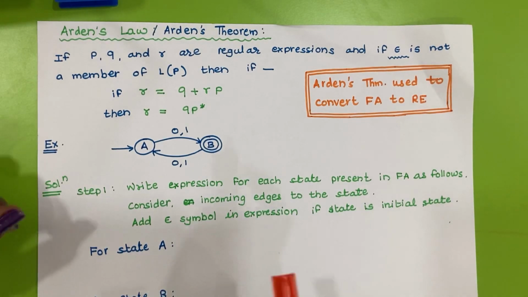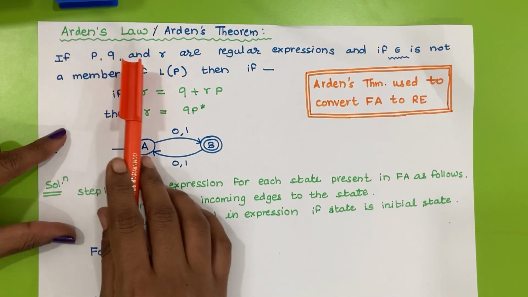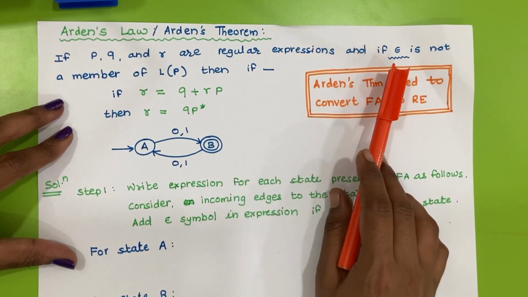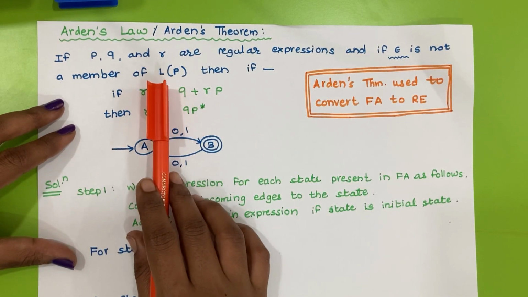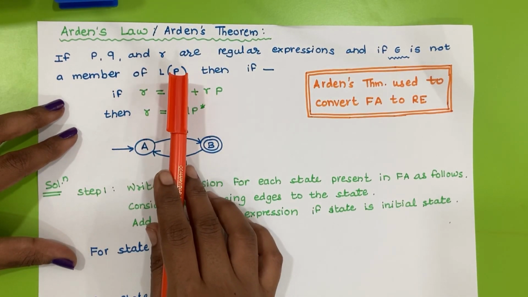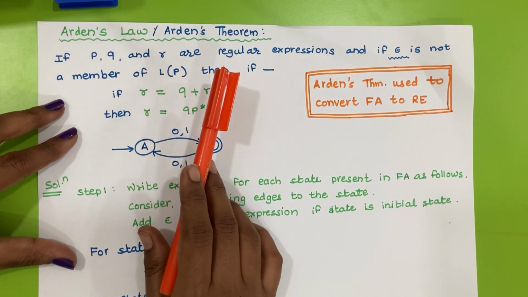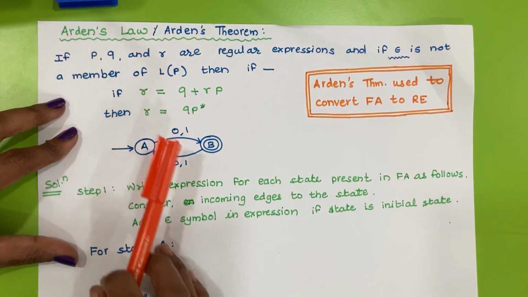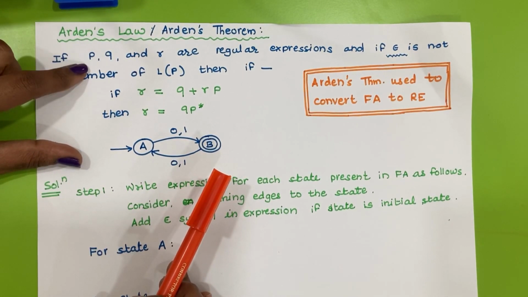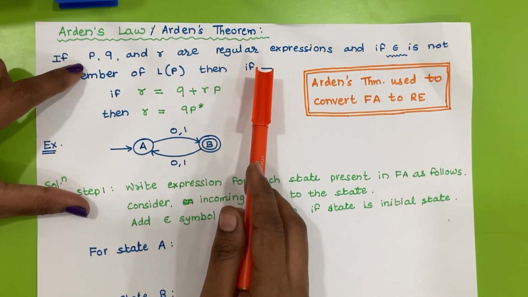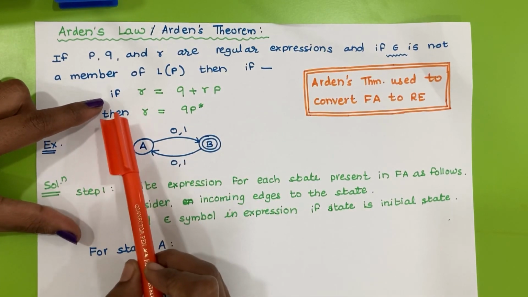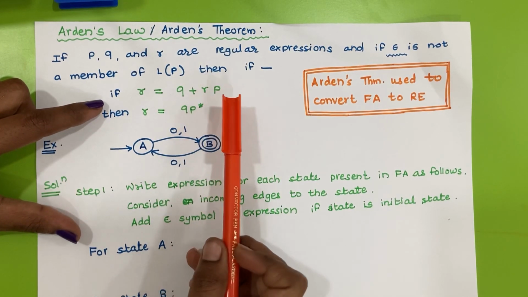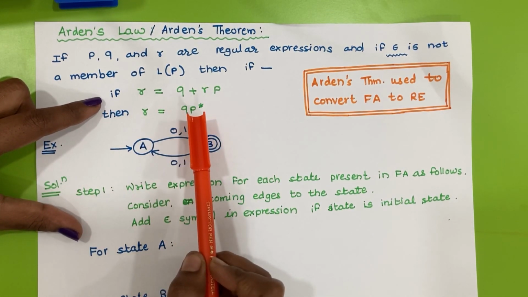Suppose we have P, Q and R as three regular expressions, and if epsilon is not part of the language of P, meaning the empty string does not belong to the language defined by regular expression P, then we can have the relation: if R is equal to Q plus RP, then it is also equal to QP star.